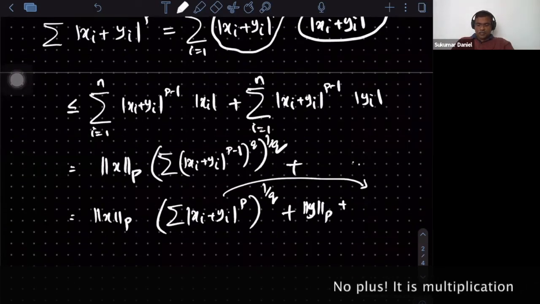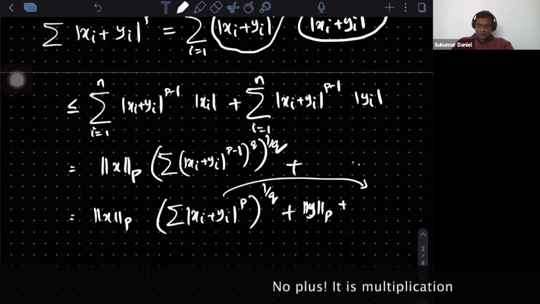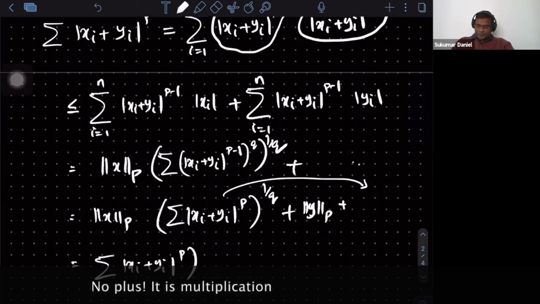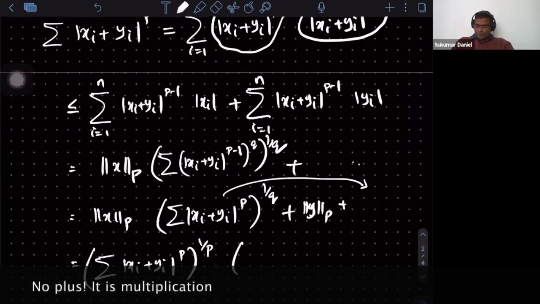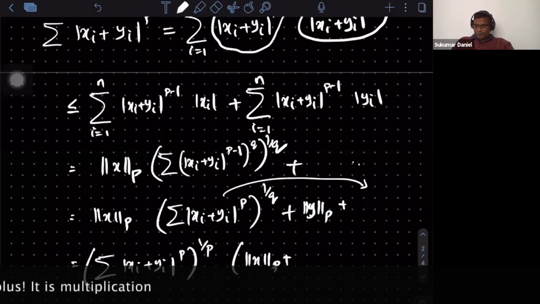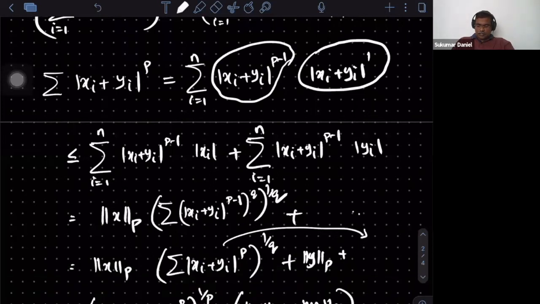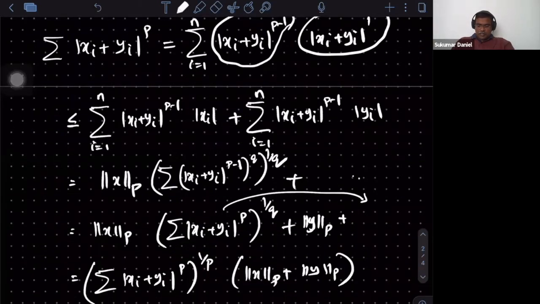Now take that term common, and what you get is, okay. But what is the left hand side? Look at this is the one. Okay, so this is the same expression. This is also the same expression, but this side the power is actually 1. Other side the power is 1 by p.